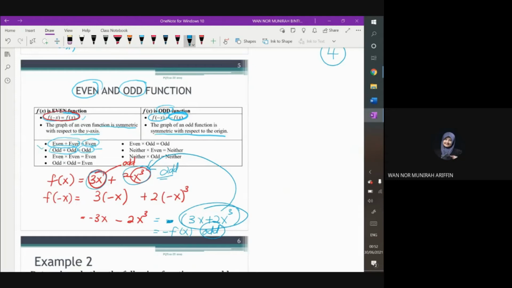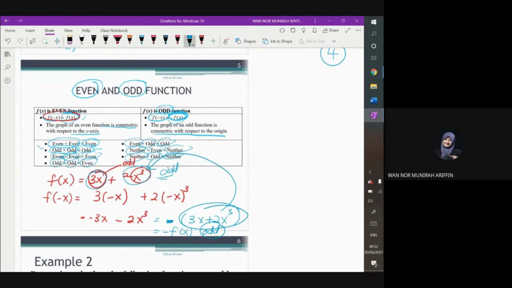But odd times odd is even. Even times even is even. Even times odd is odd. Neither times even is neither. Neither times odd is neither. What is meant by neither? Neither means that when you substitute f(x) with f(negative x), you don't get either f(x) or negative f(x).